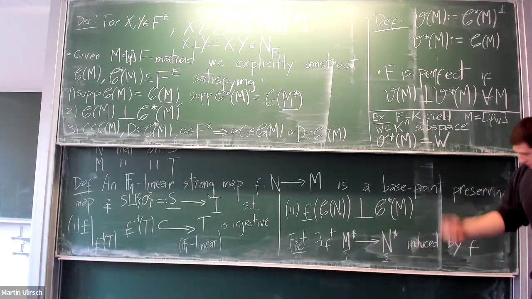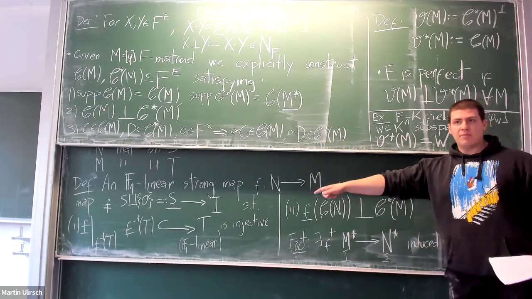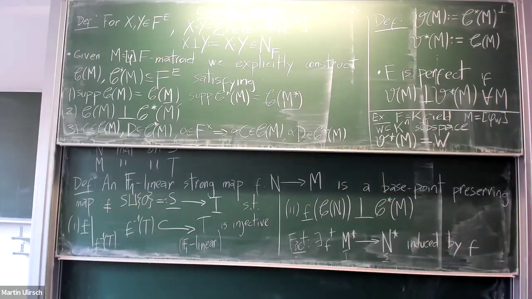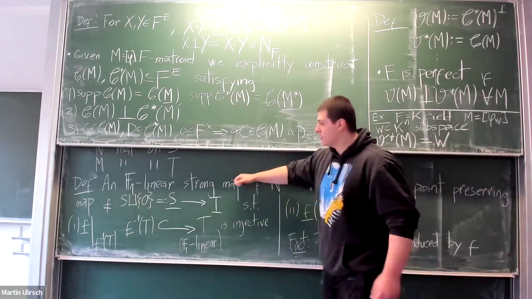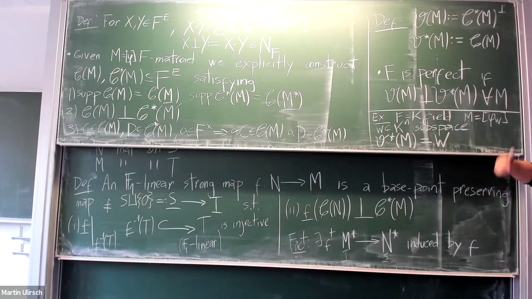And the fact is, if we had a strong map before, now we have a strong map. So with this, we have a category of matroids with morphisms as this kind of strong maps that has a contravariant involution on the category. It's more or less like the category of vector spaces with duals. In fact, it's more like subspaces with perpendiculars.